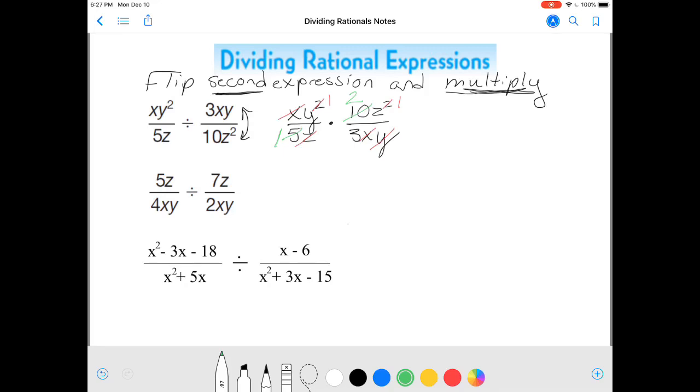So multiplying straight across, we're going to start with the 2 and have 2yz.